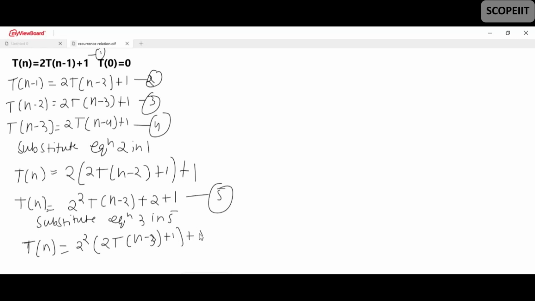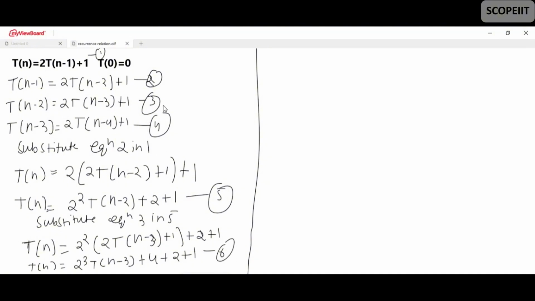Then here you have plus 2 and plus 1. If I simplify it, T(n) = 2^3 T(n-3), and the 2 will multiply with 4 over here, so it will become plus 4 plus 2 plus 1. This is nothing but your equation 6.